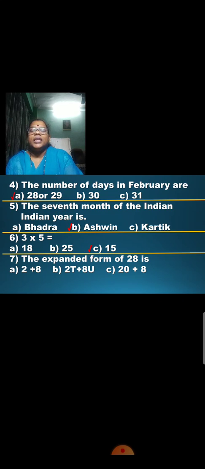Correct. Now, the 7th one. The expanded form of 28 is 2 plus 8, 2 tens plus 8 units, or 20 plus 8.